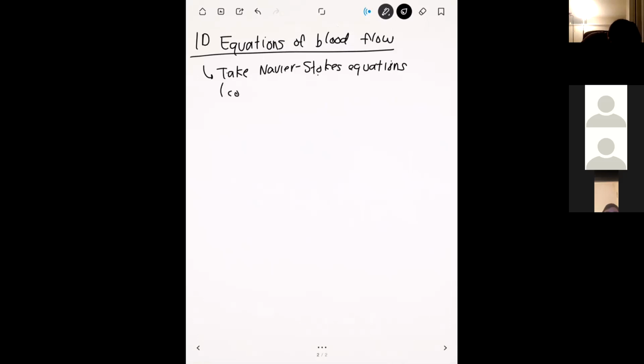Okay. And so we're going to take both of those equations and integrate them across the cross-section.